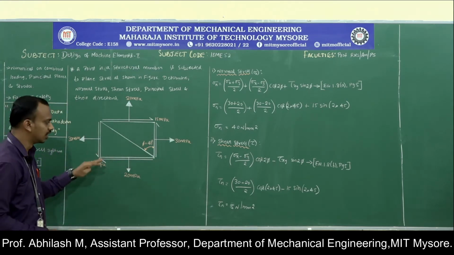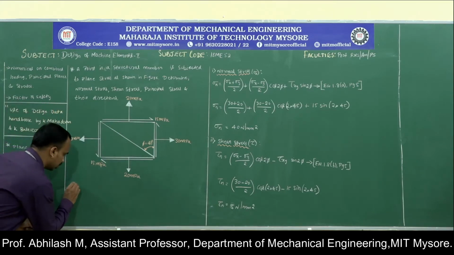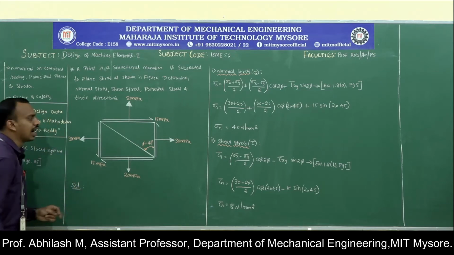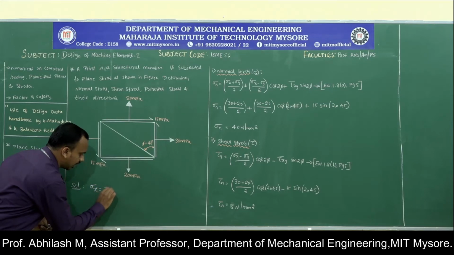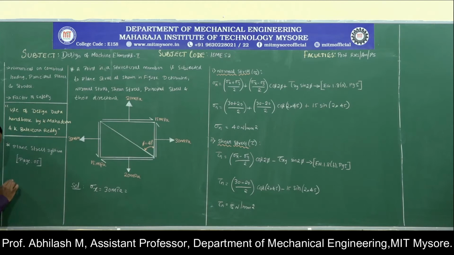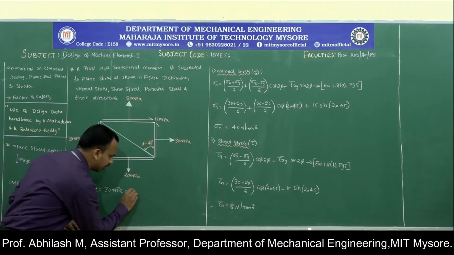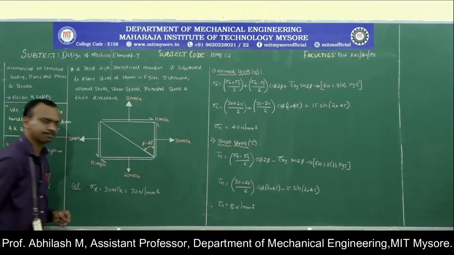First, let us list down the data from the sketch. If we look into the sketch, the value of sigma x is 30 megapascal, and we know that 1 megapascal is equal to 1 Newton per millimeter square, and we are maintaining all the units in Newton per millimeter square. So 30 megapascal is equal to 30 Newton per millimeter square.